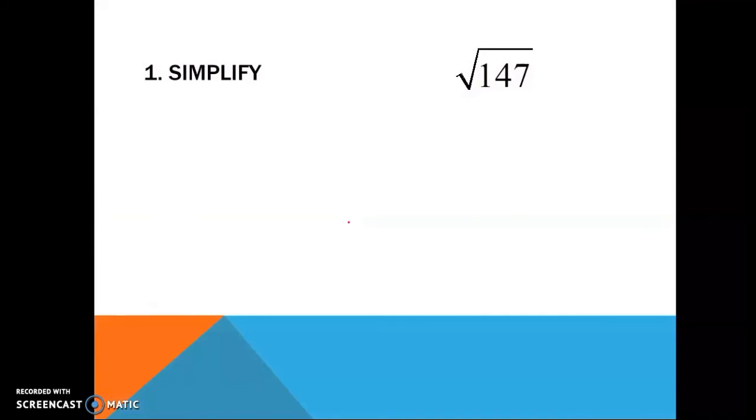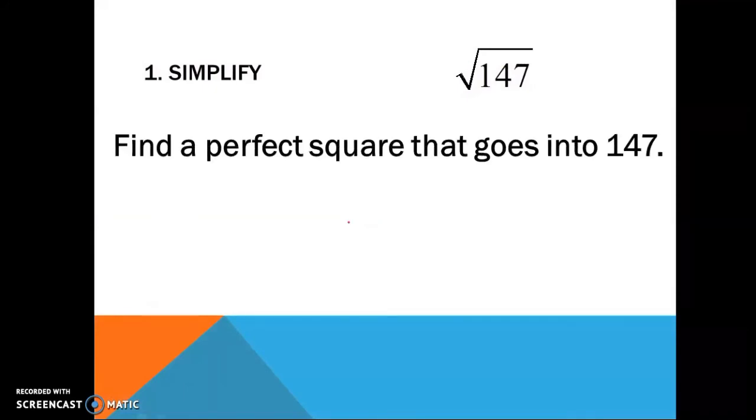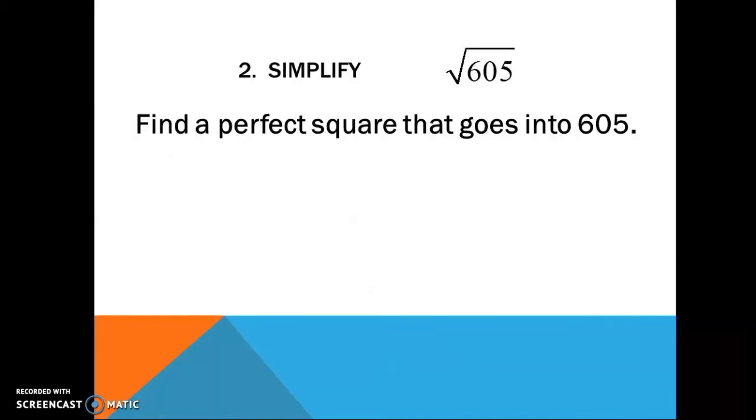Okay. Next, simplify natin si square root of 147. Ano yung perfect square na factor ni 147? So, pwede ang 49, saka yung other factor niya is 3. So, square root of 49 times square root of 3. So, the answer is 7 square root of 3. 605.